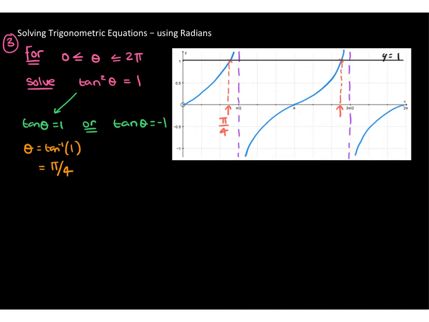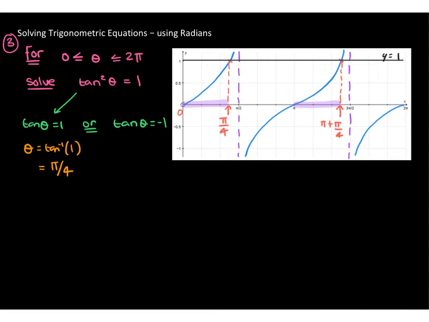Now, here's the way in which I would do it. I would look at this portion here, and then imagine pi was where 0 was at, and you can see the repetition, hopefully, of the shape of the graph in that section there. So this angle here is going to be pi plus pi by 4, as you've got a direct repetition of 0 plus pi by 4 there.